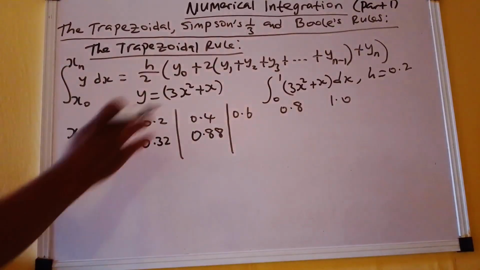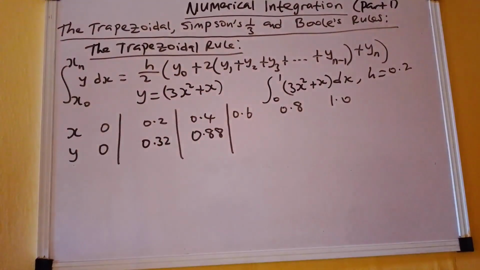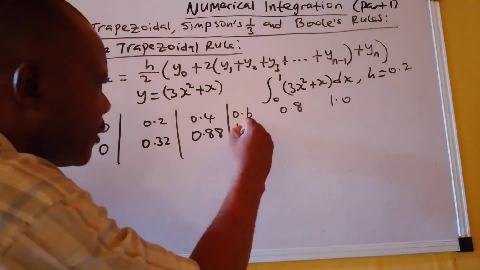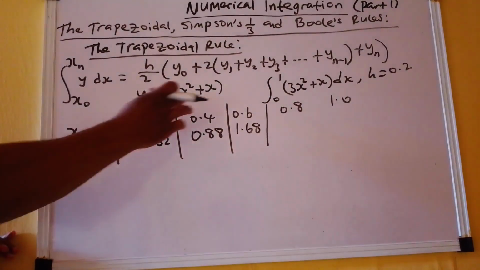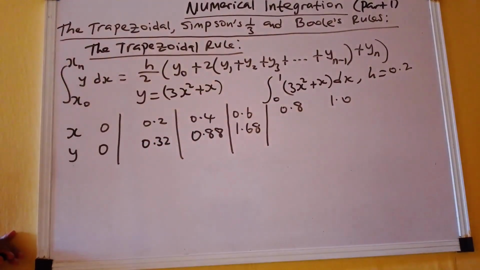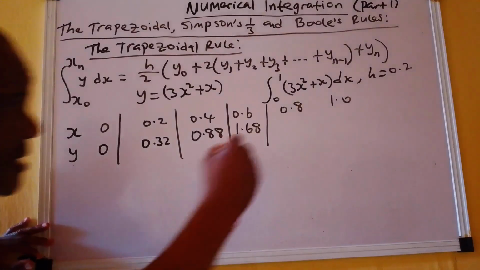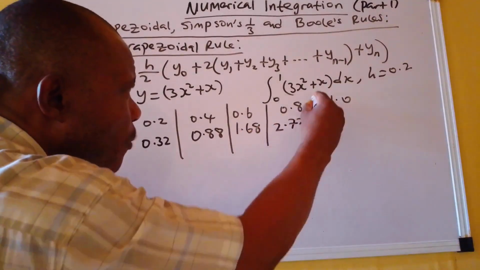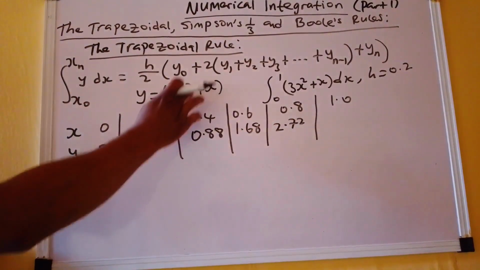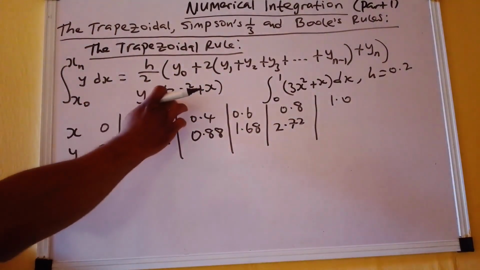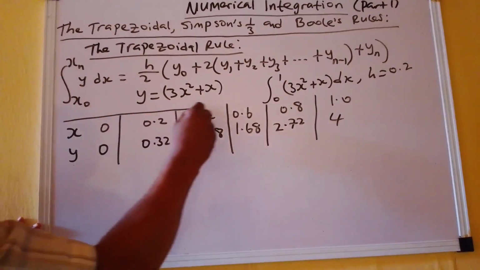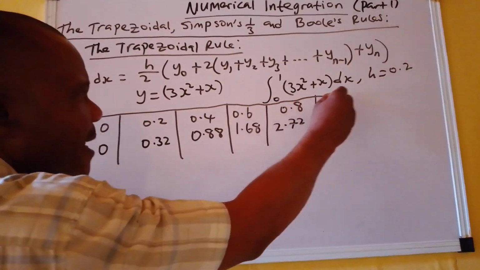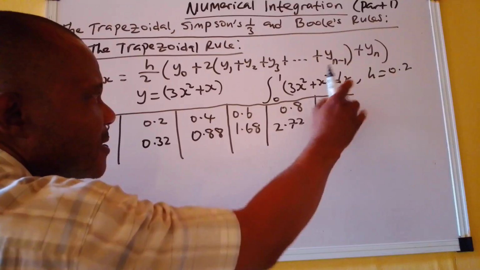When x is 0.6, 0.6 squared multiplied by 3 plus 0.6 is 1.68. When x is 0.8, 0.8 squared multiplied by 3 plus 0.8 is 2.72. Lastly, when x is 1, 1 squared is 1, times 3 is 3, plus 1 is 4. So we have created a table having values of x and y.